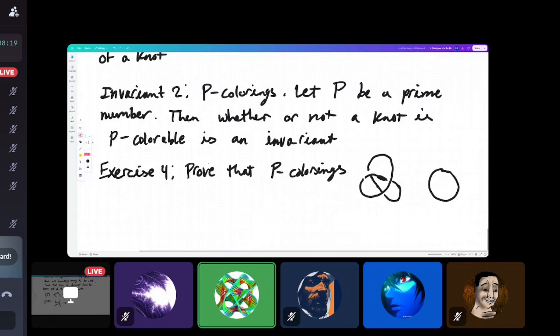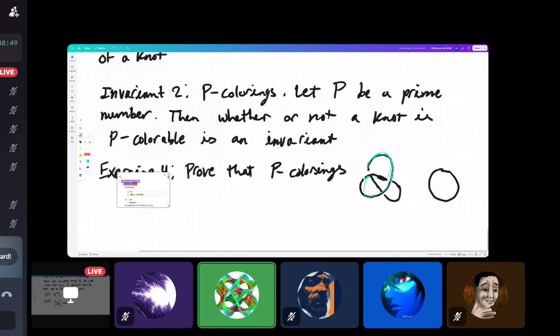So let's actually 3 color the trefoil knot. You can have one color here, which goes like this. And then we have another color. Because there are like 3 planes that are visible.